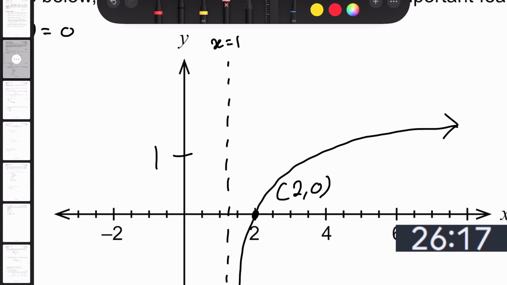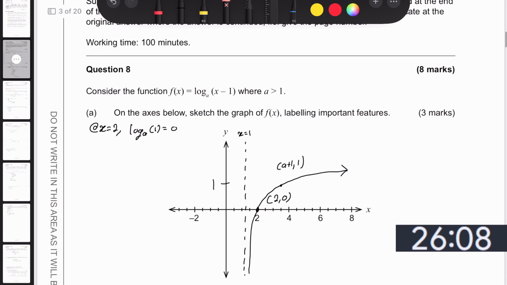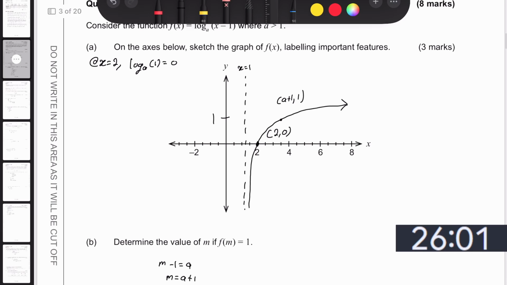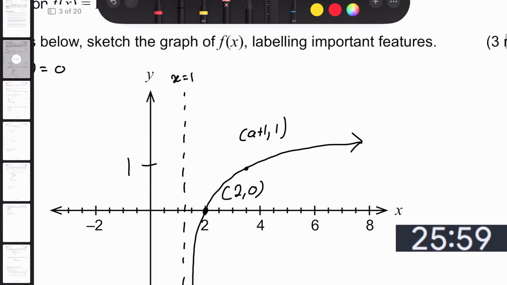Should I do one like this, where this is a plus 1? I'll put it there just to be generic.